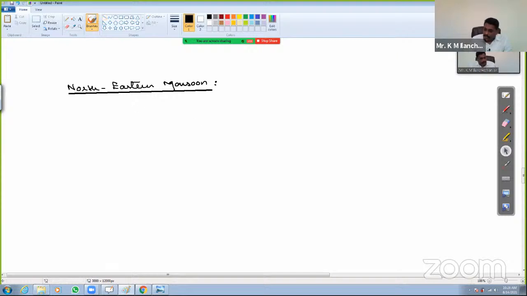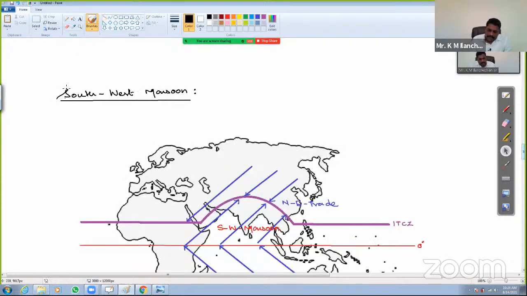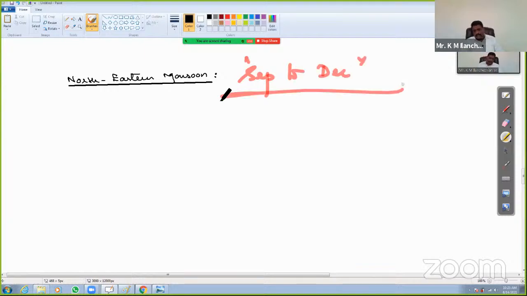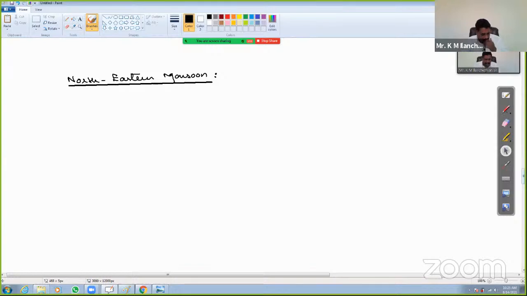If you ask me what the period of the northeastern monsoon in India is, it is September to December. Almost the middle of September, this northeastern monsoon will start. Now, what is this northeastern monsoon? We'll understand. Okay, September, what happens? I should understand.